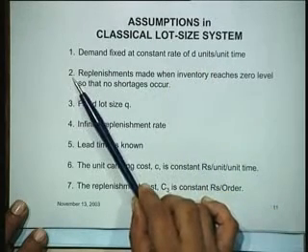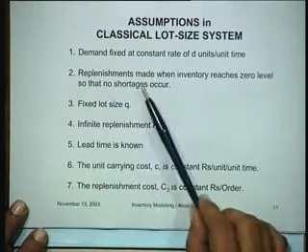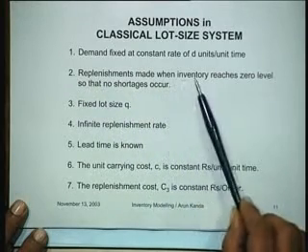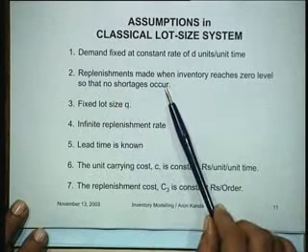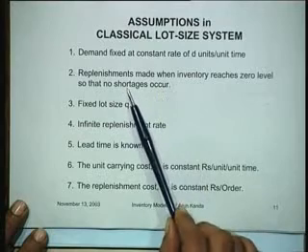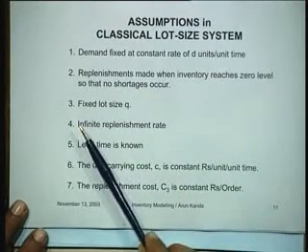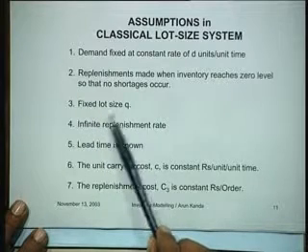The second thing we are saying in the classical lot size formula is that replenishments are made when inventory reaches zero level so that no shortages occur. So we are not permitting any shortages to take place. We are also assuming that the lot size Q is fixed.